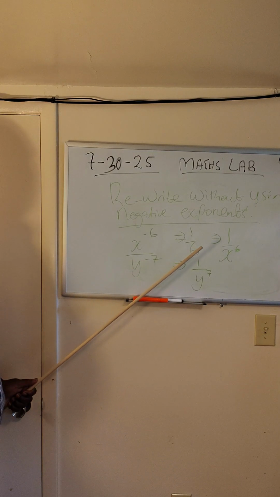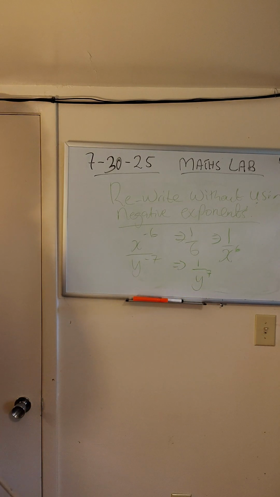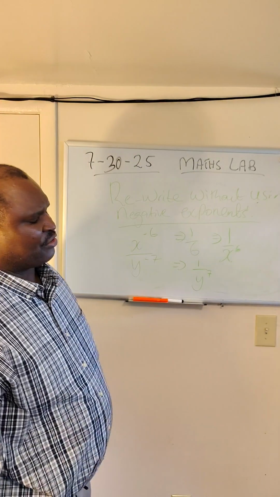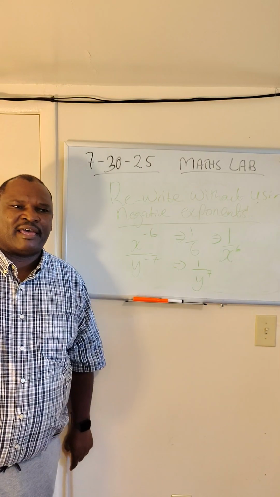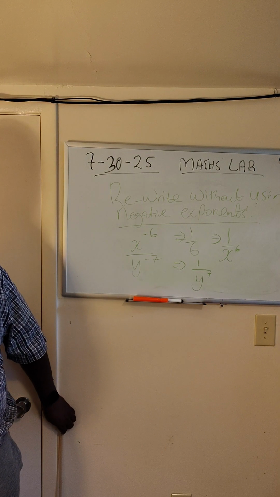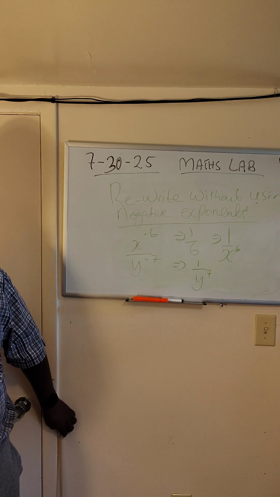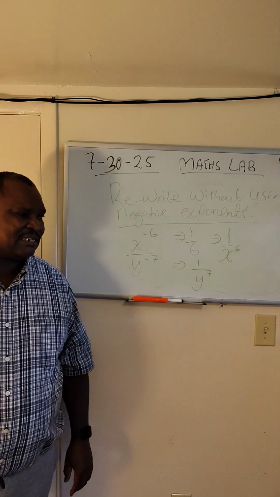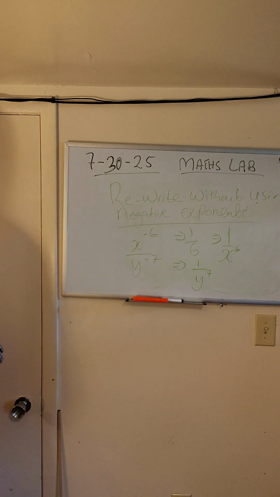That is equal to 1 over x raised to the power of 6. So we have rewritten it without using the negative exponent.